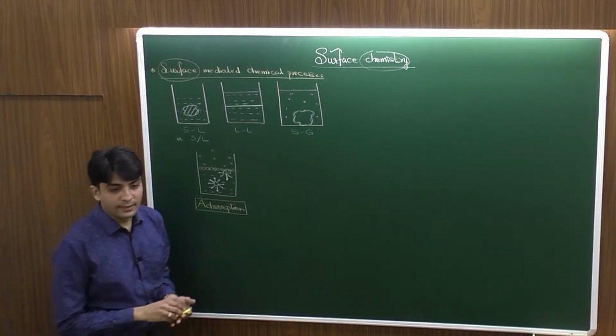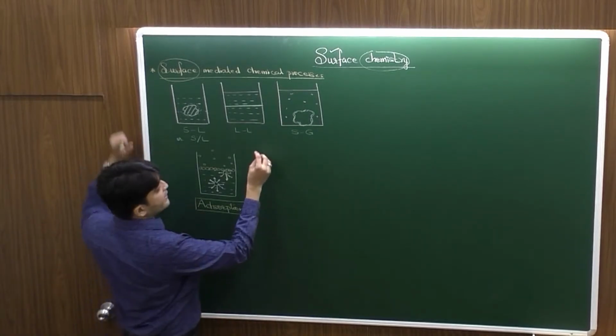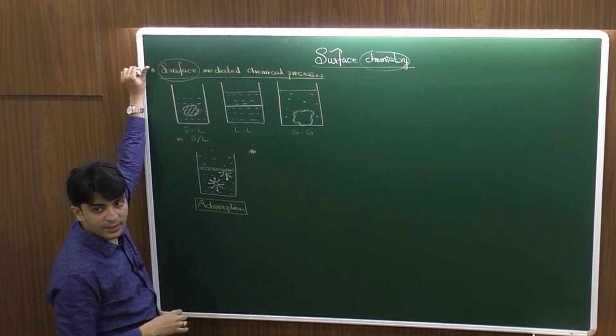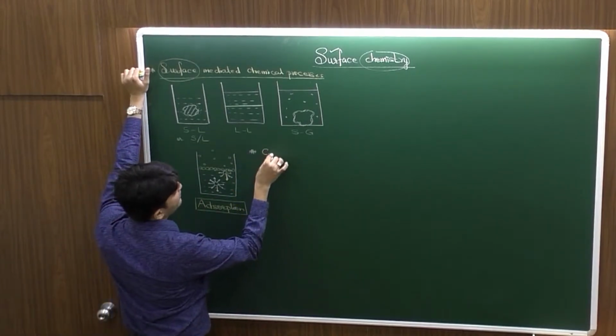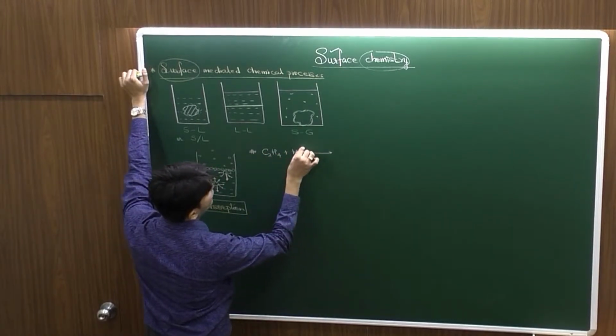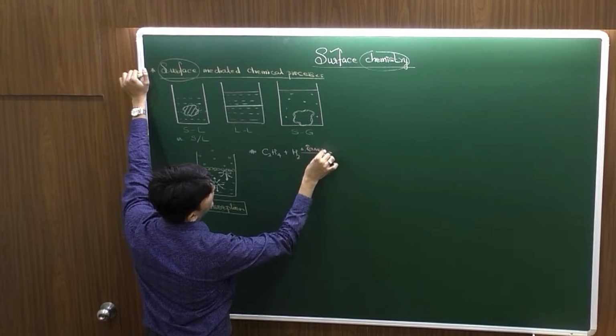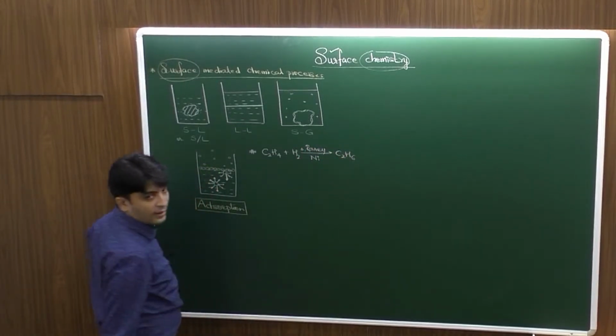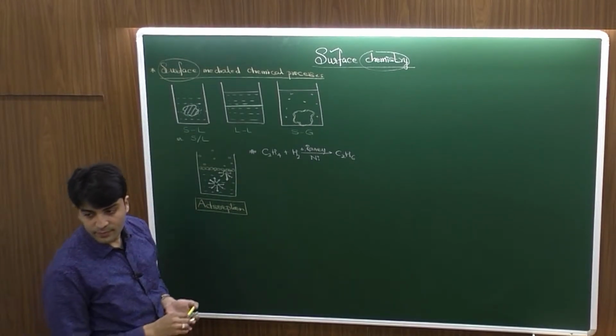Hydrogen and nickel. We had done the hydrogenation reaction in case of unsaturated hydrocarbons. The example was an alkene like ethene added with hydrogen in the presence of nickel gets hydrogenated to form an alkane. I discussed the mechanism here. What happens?